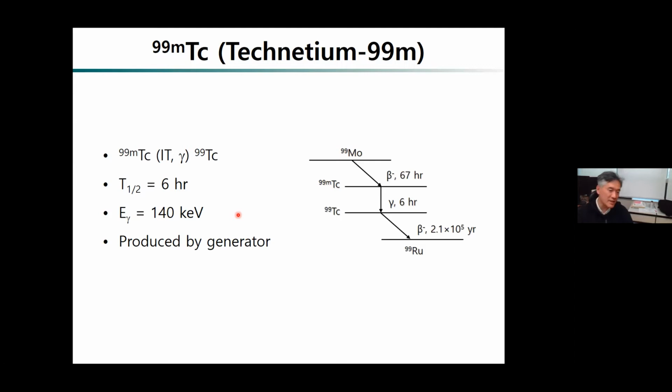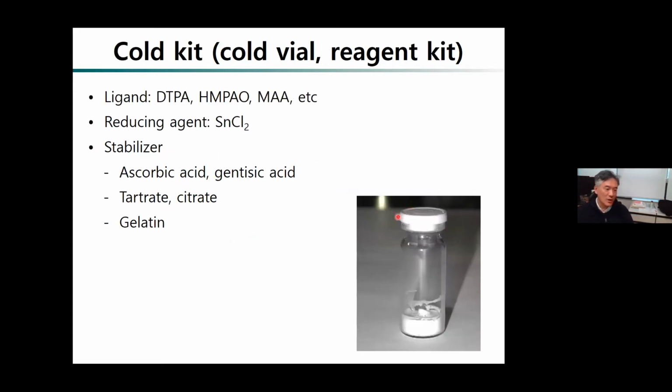As you can see here, technetium emits gamma rays, and its half-life is around 6 hours. I also already mentioned that the cold kit can be used for technetium radiopharmaceuticals.